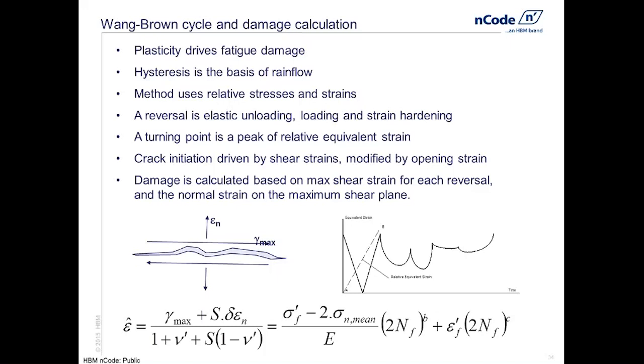So from there, you unload elastically and you search for the biggest value of the von Mises strain based on the strain relative to that first turning point. So it's kind of an iterative process where you walk through the history looking for the loading and unloading points as you would in normal rainflow counting, but this time taking into account the full 3D stress state.